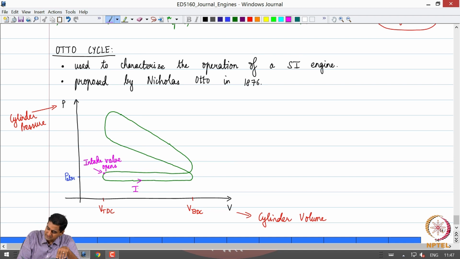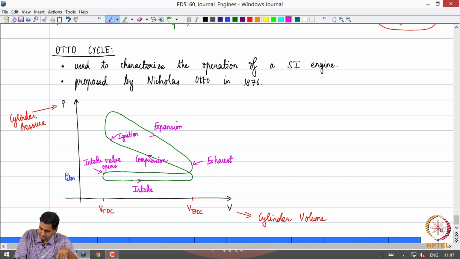So, this is the intake stroke, then I go here and start compressing the fuel air mixture, that is the compression stroke, and let us say I start the ignition somewhere here towards the end of the compression stroke, and then there is combustion, followed by expansion, and towards the end of the expansion stroke, let us say I open the exhaust valve and this keeps on repeating.